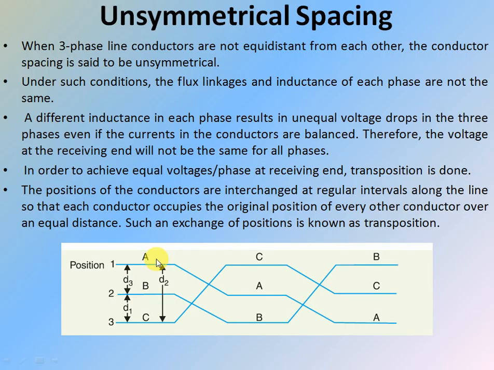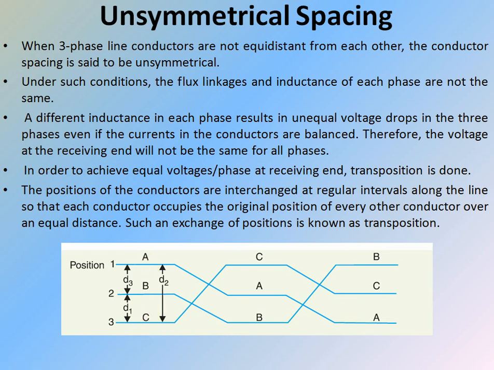This average value has to be taken because the inductance of conductor A at this position and this position are different. At this position, the inductance of conductor A is same as that of conductor B at this position. Similarly, at this particular position, the inductance of conductor A is same as that of conductor C at this position.